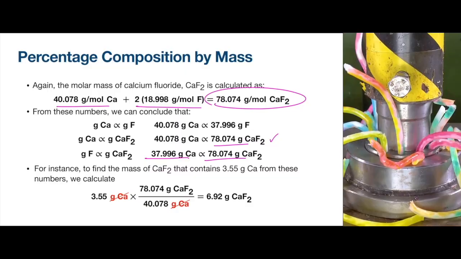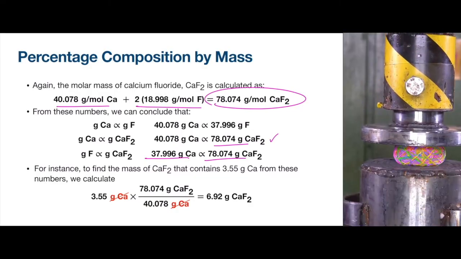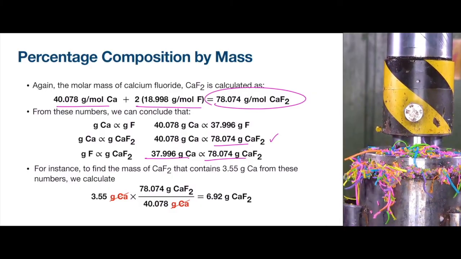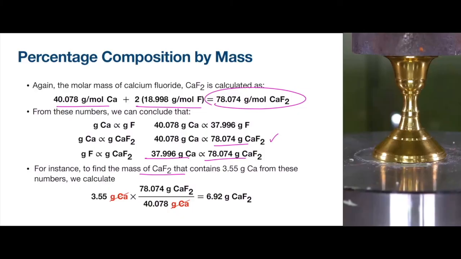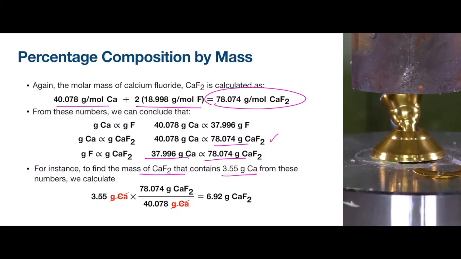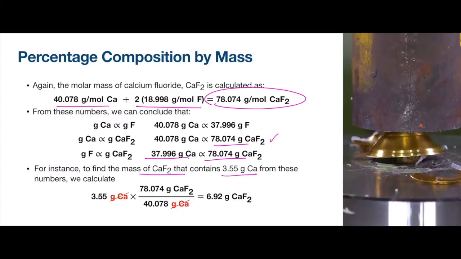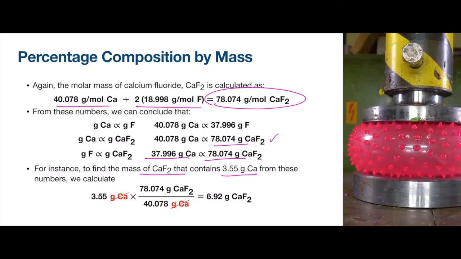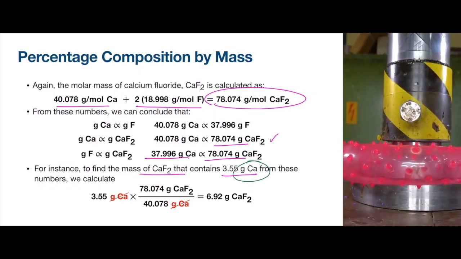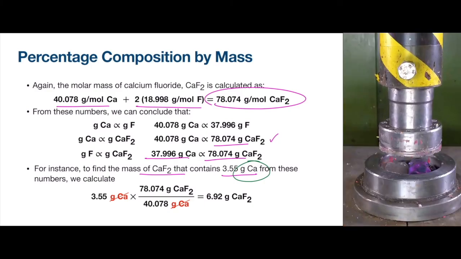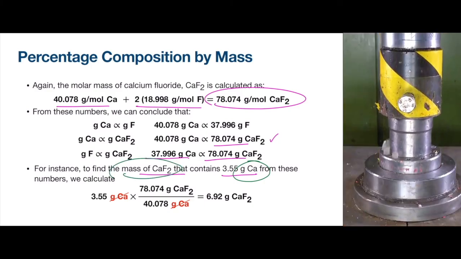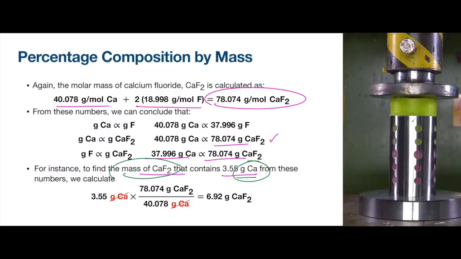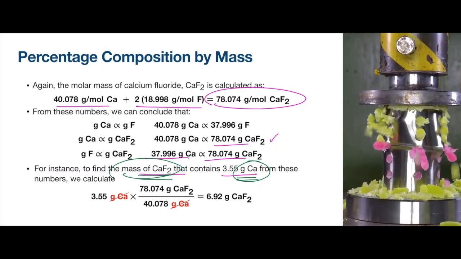With these relationships, we can turn any of these values into conversion factors. For example, to find the mass of calcium fluoride that contains 3.55 grams of calcium, we can calculate it this way. Since, again, our given unit is grams of calcium and our desired unit is the mass of calcium fluoride, we have to look for the relationship of grams of calcium to the grams of calcium fluoride.